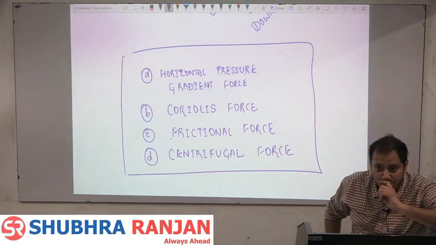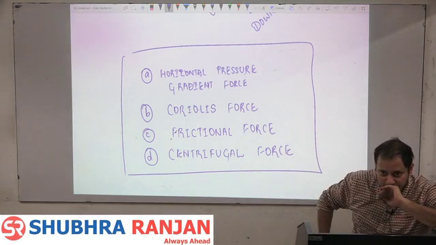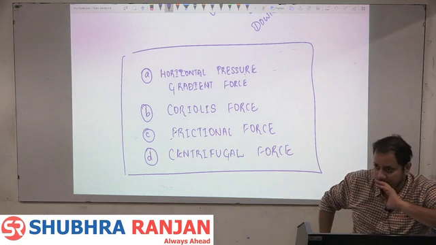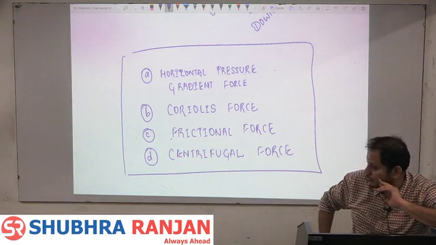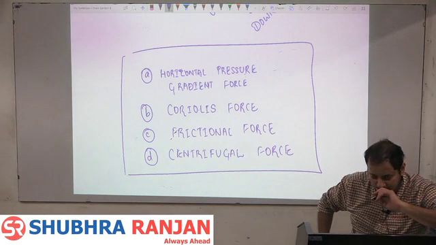So what are the four factors that govern the air motion? These are the four factors: pressure gradient force, Coriolis force, frictional force, and centrifugal force.